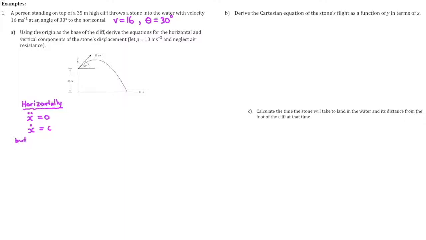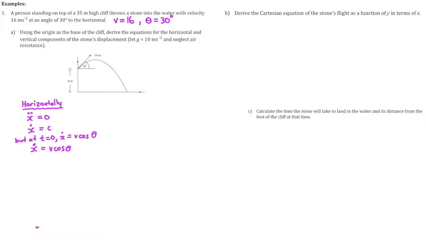We also know what happens at time 0. At time 0, the horizontal velocity is equal to v cos theta. We found that's the very first thing we did on this particular topic, which means if you substitute that in, you find that c equals v cos theta, so the horizontal velocity is equal to v cos theta.